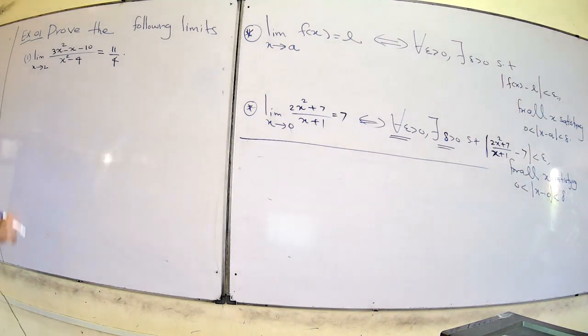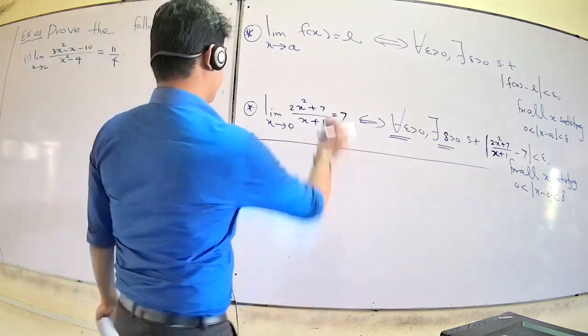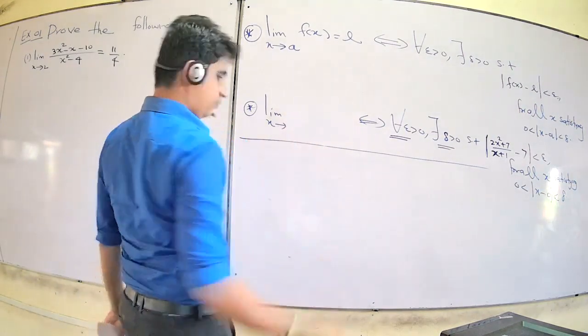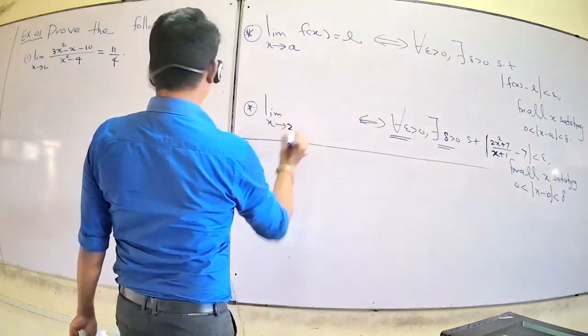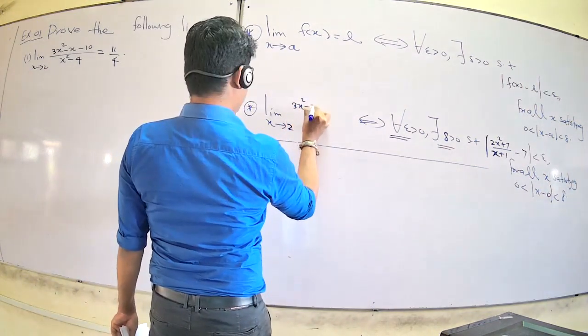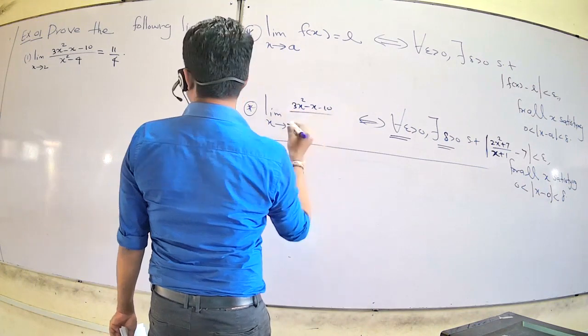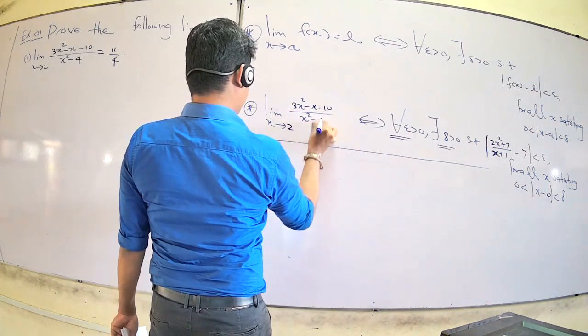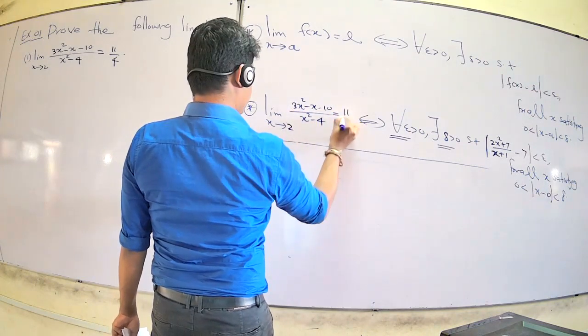Okay, now your question is: limit as x tends to 2 of (3x squared minus x minus 10) over (x squared minus 4) is 11 over 4.